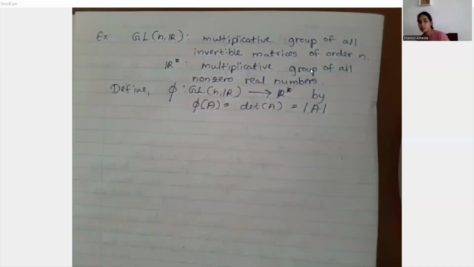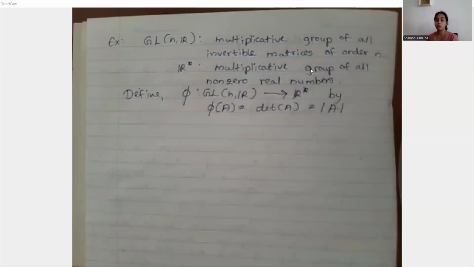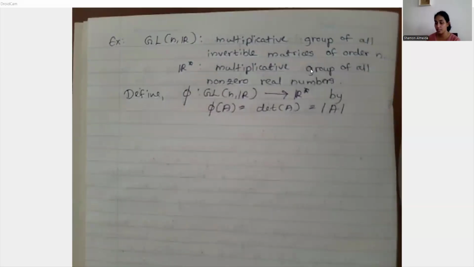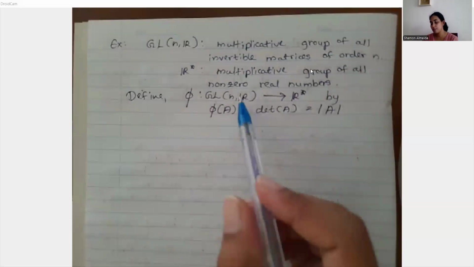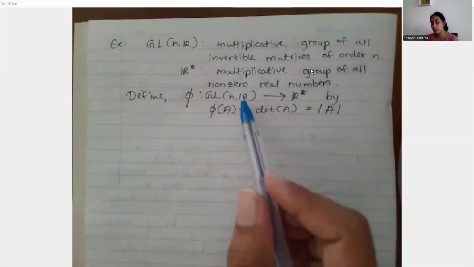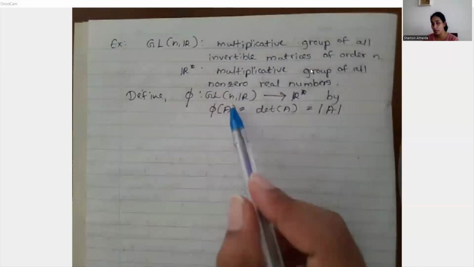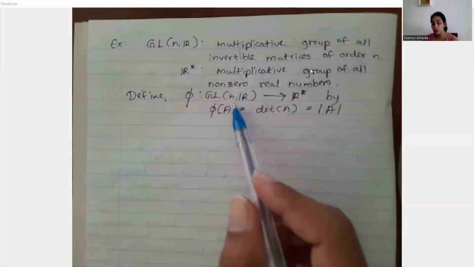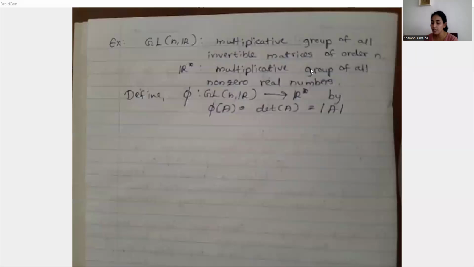This is also a group homomorphism, right? You take any matrix from here, you can find the determinant because you have all square matrices in this group, right? And you have all matrices to be invertible.